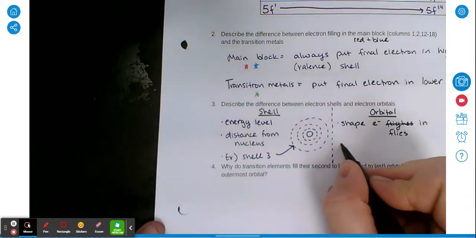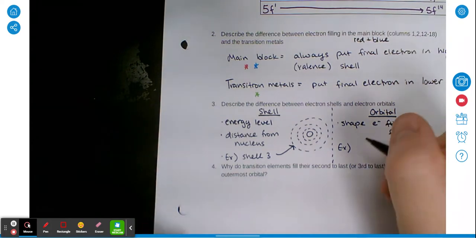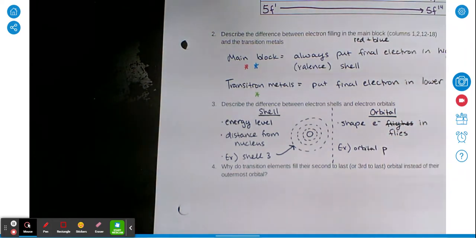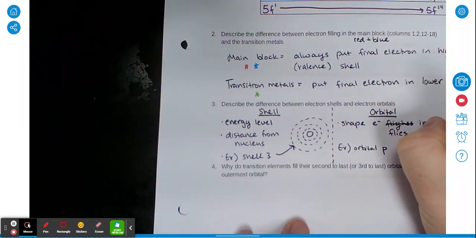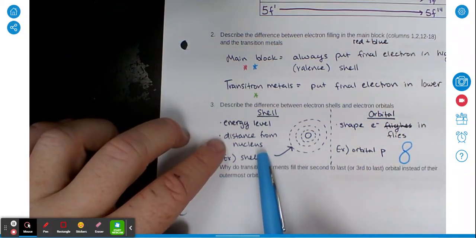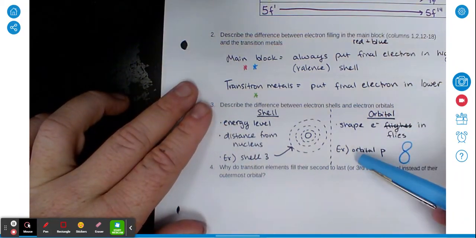So, for example, if you are in orbital P, you are flying around in a dumbbell shape. You are somewhere within that orbital. So a shell is how far away you are from the nucleus. It represents your energy level. An orbital is your flight path.